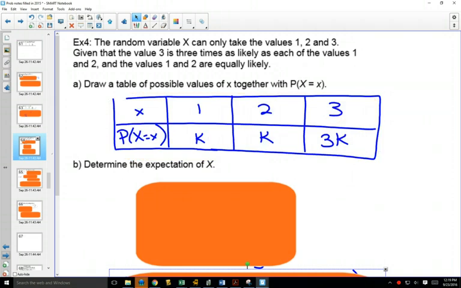Now, why wouldn't I use the variable x? Why did I choose k? I could have chosen another letter, but why would x be a bad choice? Yeah, we're already using it here. Now, in the IB course, and especially when you get into writing your papers, they're very particular.